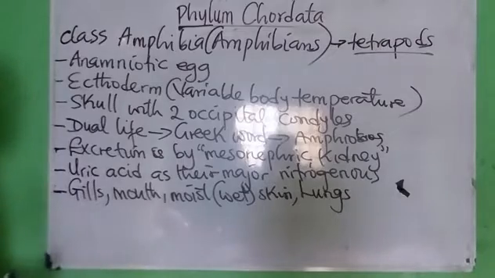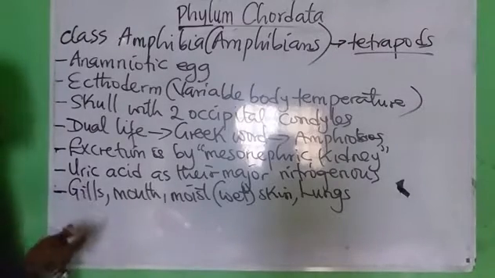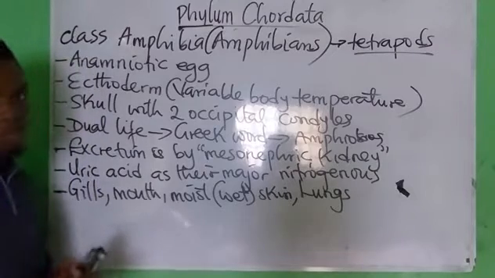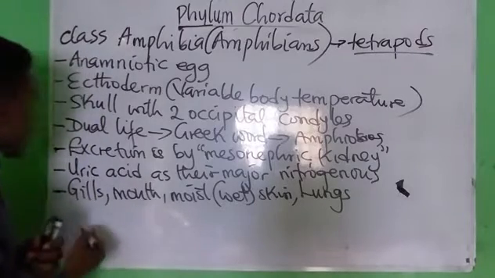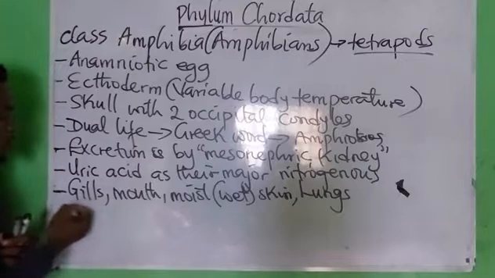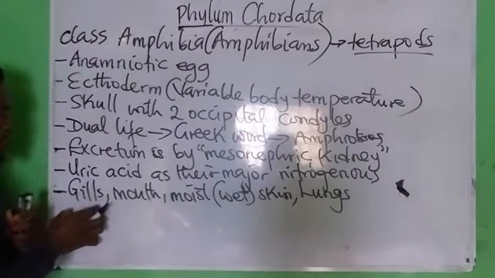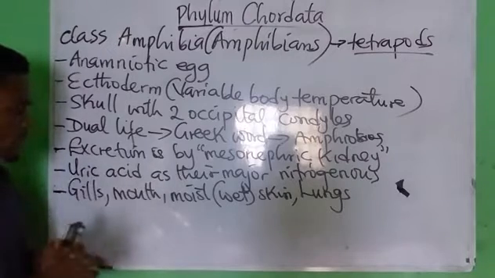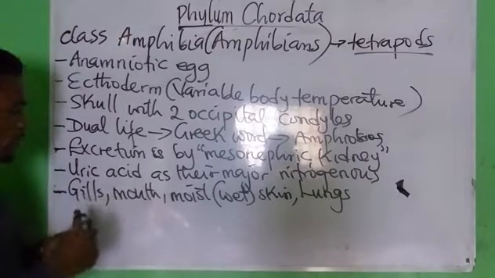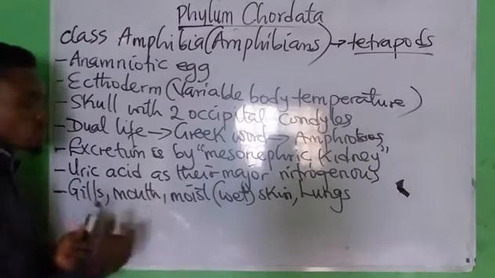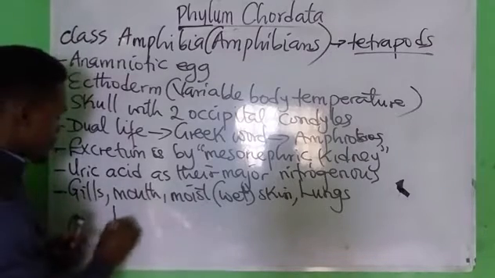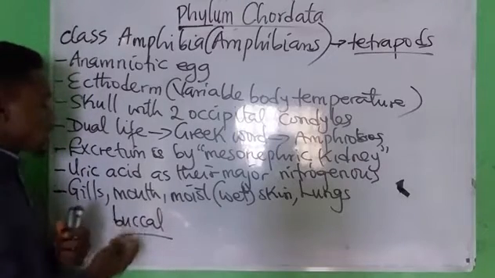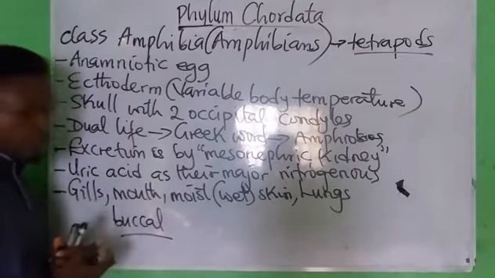Now, the juvenile stage of amphibians is called a tadpole, and this tadpole carries out respiration with the use of gills, and these gills are situated in the tail region. Then respiration done with the use of the mouth is called buccal respiration, and it is only adult amphibians that can actually carry out buccal respiration.